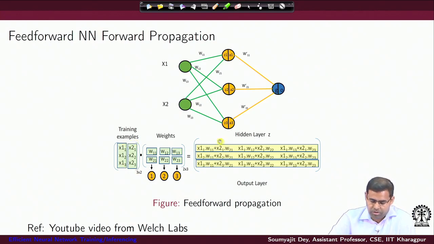So, for each of these components I will have this kind of combination. For the first set of components I have the combination W11, W21, then W12, W22, then W13, W23, and this is what gets propagated in each of them, right. So, for the first activation function this is the part that is getting propagated, for the second activation function this is the part that is getting propagated, and for the third activation function this is the part that is really getting propagated.